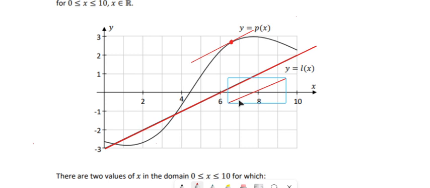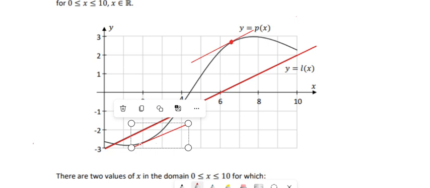So where would that tangent hit the graph? It would be around there somewhere. As long as you're showing your workings on the graph, I'll just say it's there. So my x values would be maybe 2.1 and, hard to say really, we'll say 6.6.